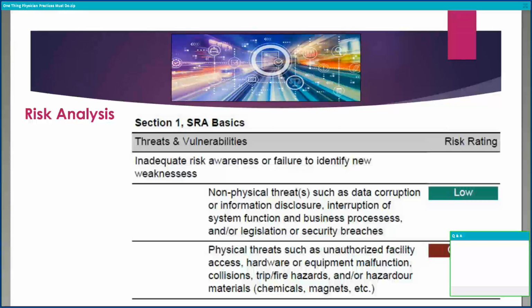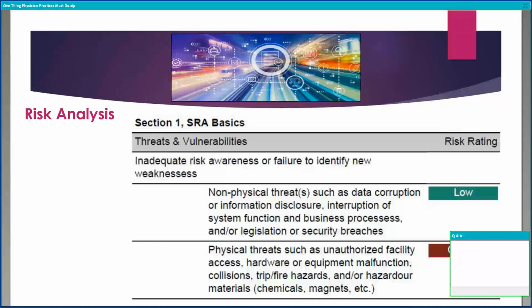This is an example of a screenshot of a very small part of the online security risk analysis report that can be done with the HHS SRA, or Security Risk Analysis online tool. In this case, the threat is an inadequate risk analysis, or the threat is inadequate risk awareness or failure to identify new weaknesses.